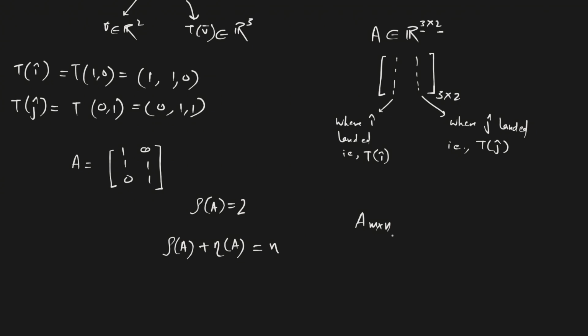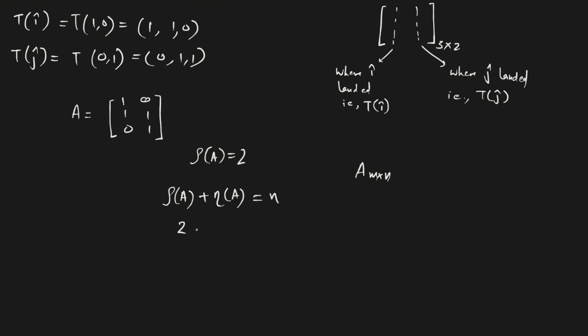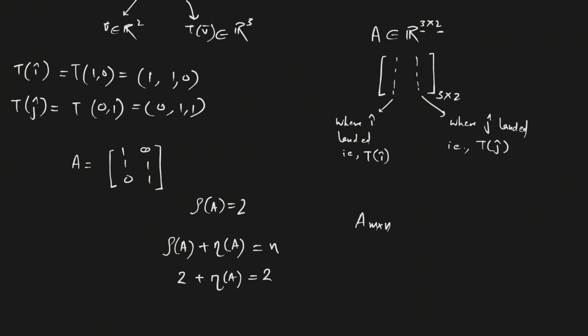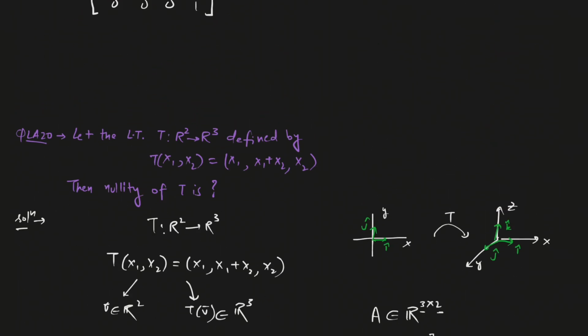We know the rank of A is 2, and n is 2 in this case because A is a 3 cross 2 matrix and the vectors come from R2. So from here we find that the nullity of A is 0, and this is what was asked in the question.